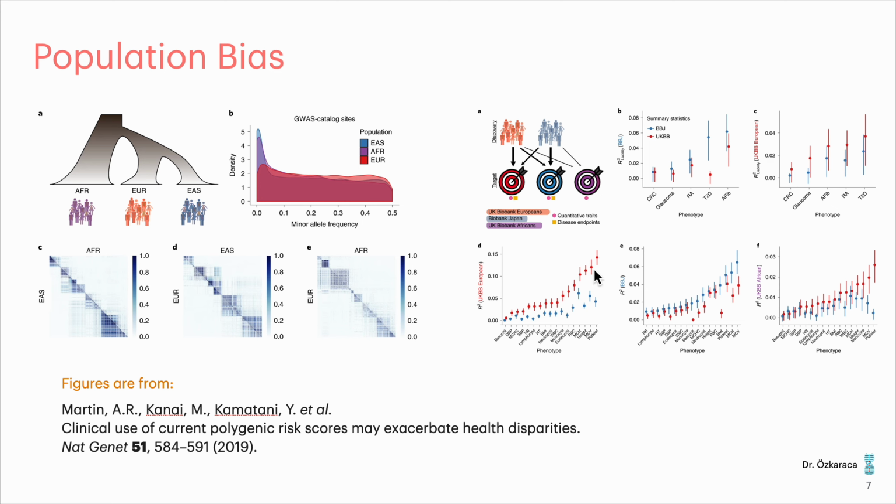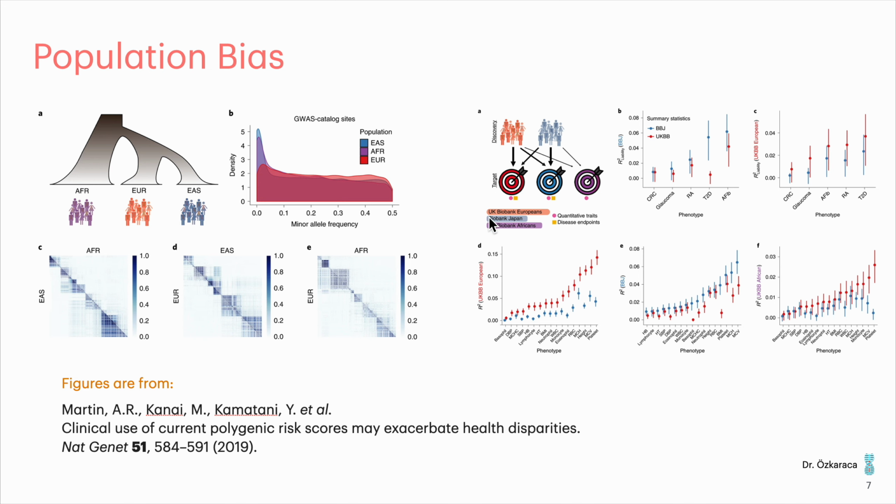And here we have red and blue, where red is polygenic risk scores calculated by European individuals, where the discovery cohort is also European individuals. So they are taken from the same cohort, same population, sorry.